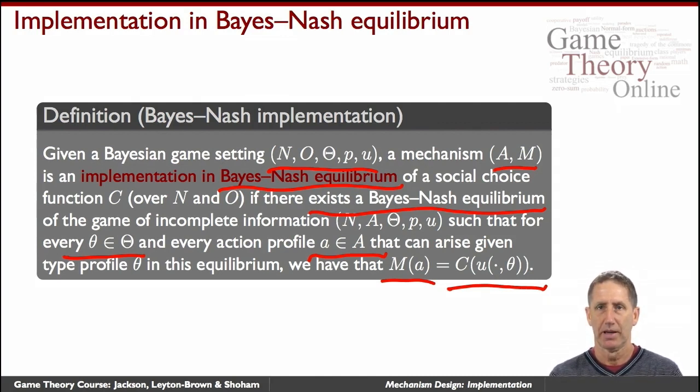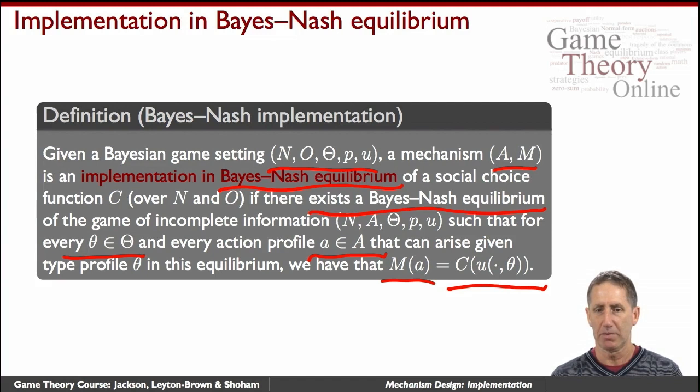We simply have dominant strategies, and we require that in all of those, the action profile lead to a social choice function. Here we have probability distributions, and so there can be multiple actions that instantiate these action profiles, these strategies.